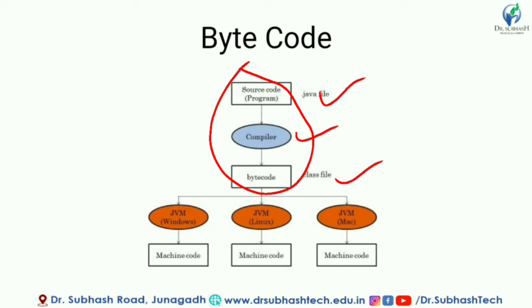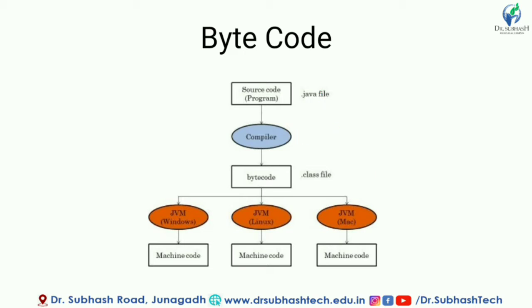It is compiled using the javac command, and then it is converted into bytecode, and the file extension is .class, right? This procedure we have seen in our first program. We compiled and then we ran this code. This is the compilation. The Java is converted into a class file.